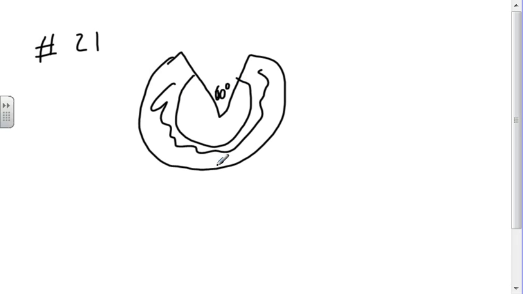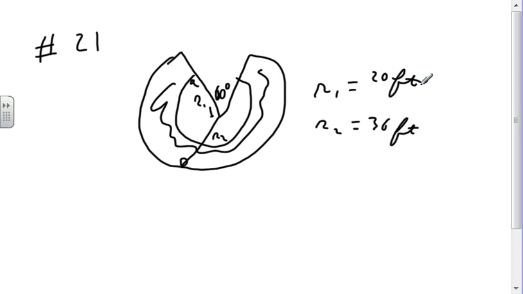Okay, so the outer radius R1, R2. R1, I'm going to go to there, and then R2 is going to be the big guy. Okay, so 36 feet and 20 feet.